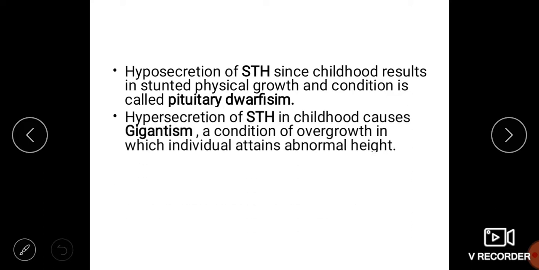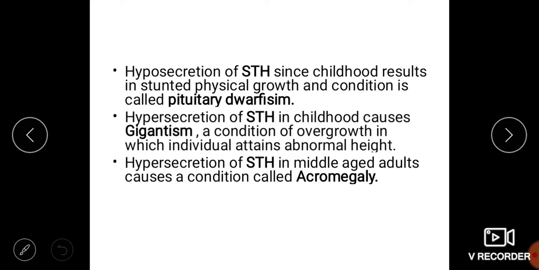If growth hormone is produced in greater quantity in childhood, the child can attain a height of more than 6 feet, with that much body weight also, resulting in a condition called gigantism, the formation of giants.